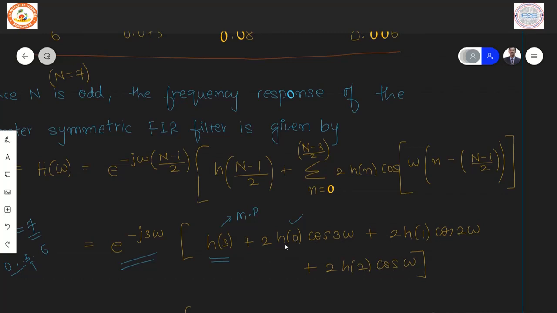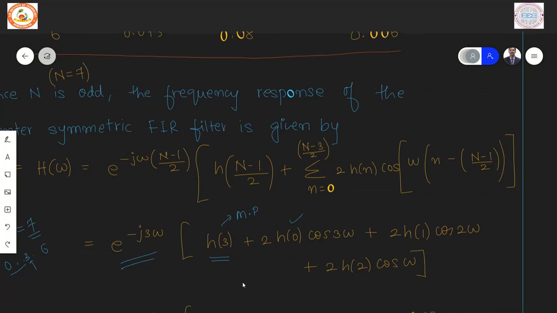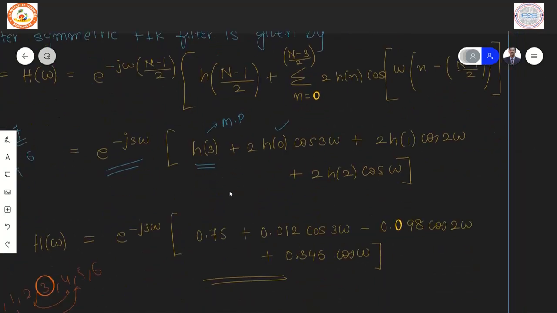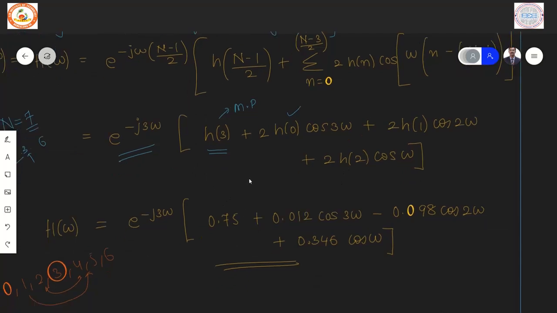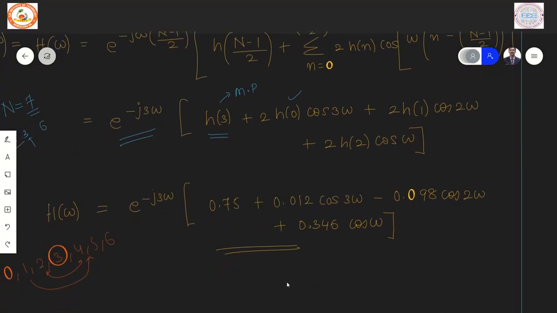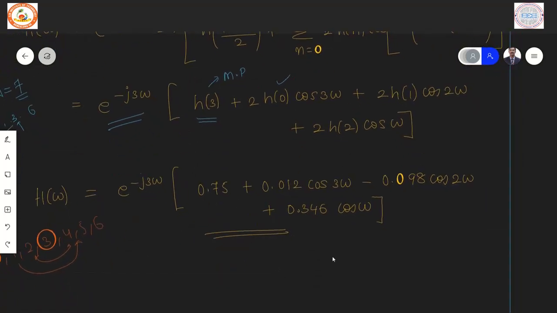You can see that the index of h0, h1, h2 is incremental, whereas for the cos term we go backward 3, 2 and 1. So this will be the expansion, and next you can insert the values of h0, h1, h2 and h3 and we get the expression as shown here. So this is the expression for frequency response of the desired FIR filter.